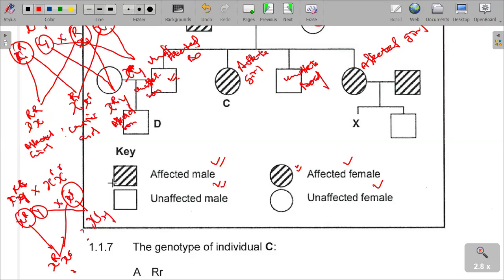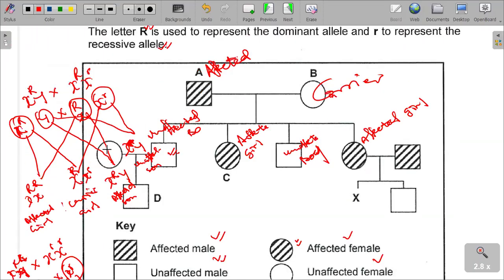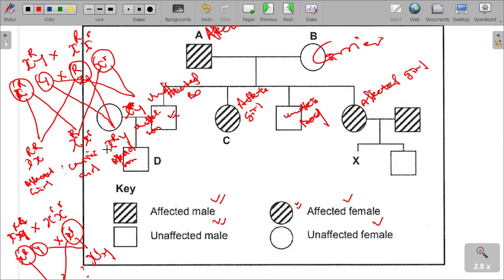It also gives us a wrong thing because we have different options there.